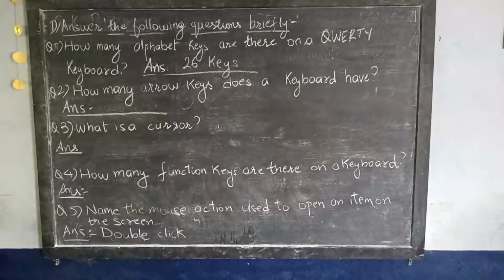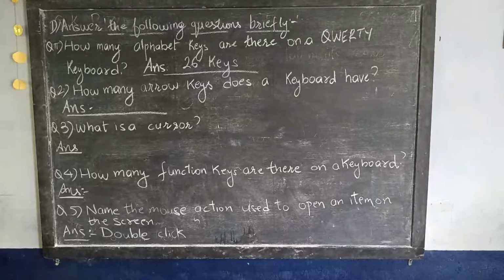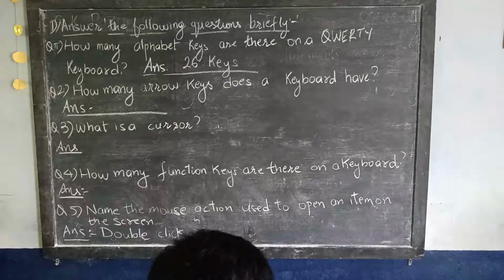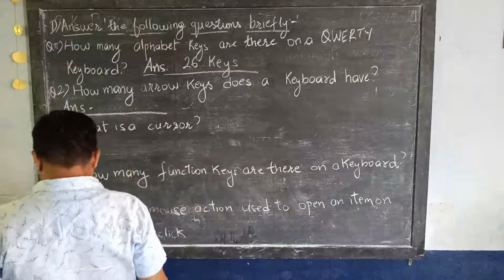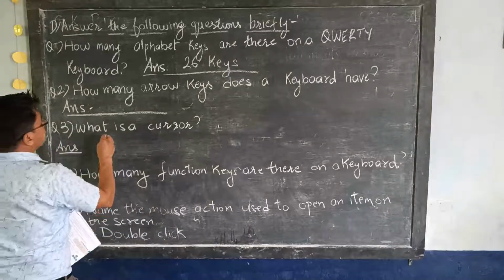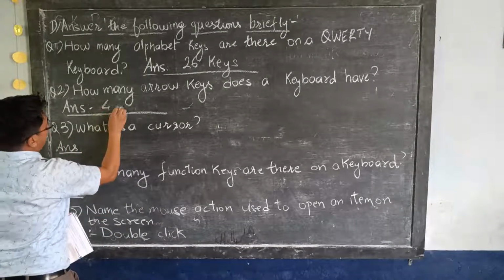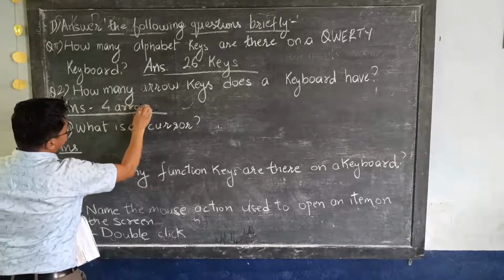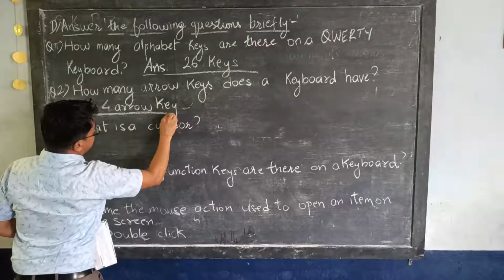So how many arrow keys does a keyboard have? 4 arrow keys.